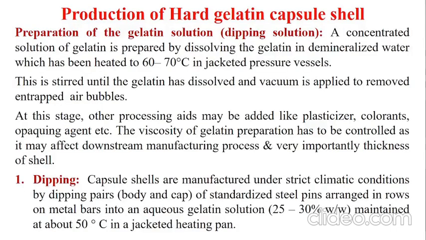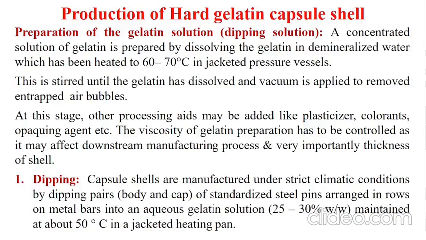Now the first one is, whenever we have to prepare this hard gelatin capsule shell, initially we have to prepare the gelatin solution, rather a dipping solution. It is a concentrated solution of gelatin in which we dissolve the gelatin in demineralized water, and it is thermostatically maintained at a temperature of 60 to 70 degrees Celsius in a jacketed vessel.